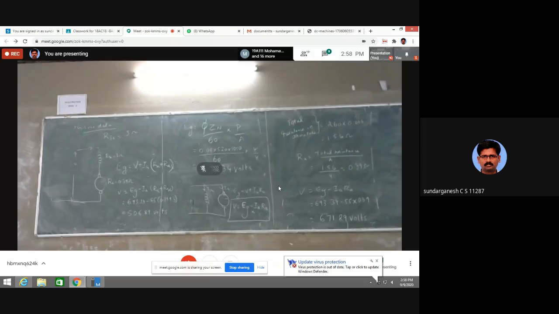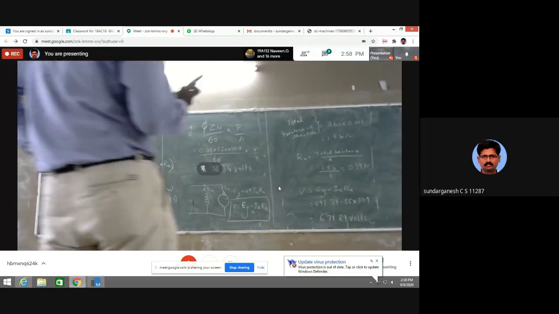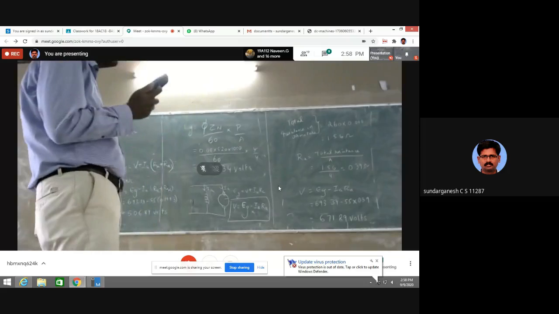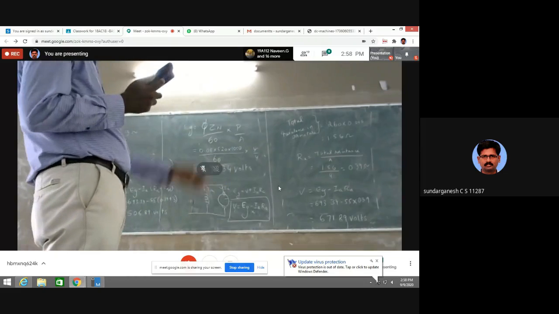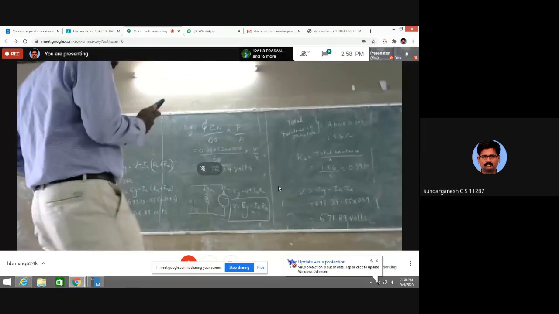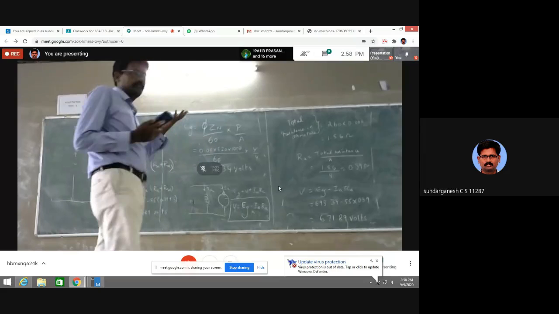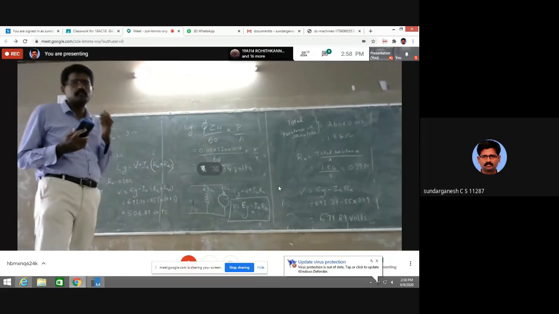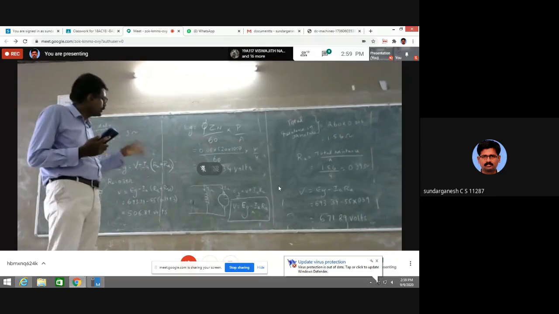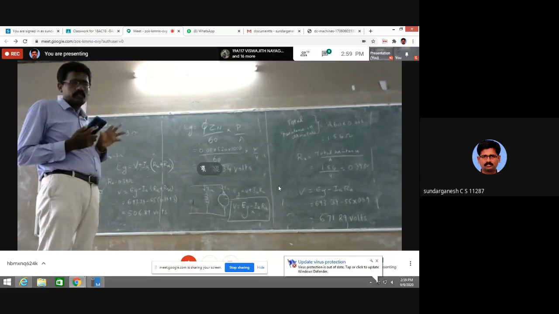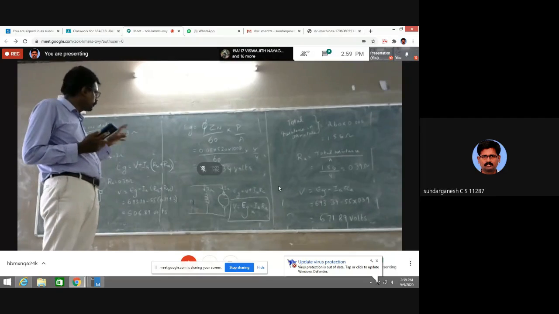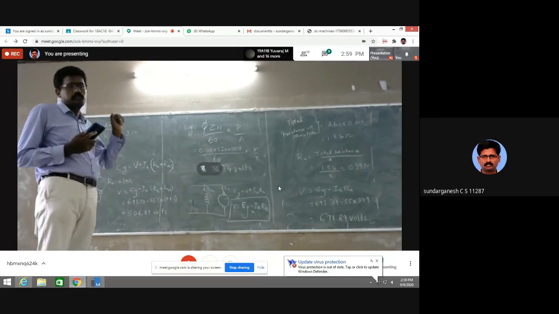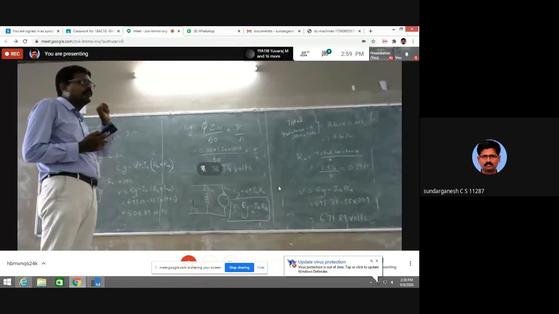The formula pi Z n by 60 into P by A is constant for any type of generator, whether it is a series, shunt or compound generator. Whatever the generator, the EG, pi Z n by 60 into P by A, is constant. When you write this equation in terms of terminal voltage, you have to first draw the circuit, then write the equation. Then only it will be correct.